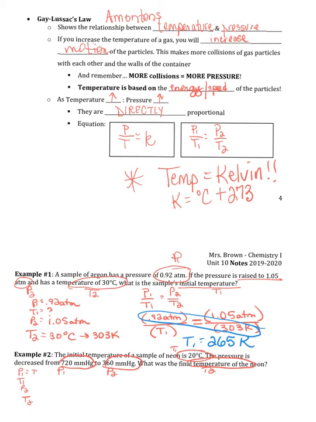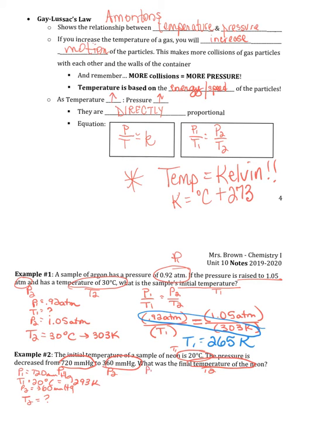P1 is 720 millimeters of mercury. T1 is 20 degrees Celsius. P2 is 360 millimeters of mercury. T2 is question mark. We can't have T1 as 20. We've got to add 273, which gives us 293 K.